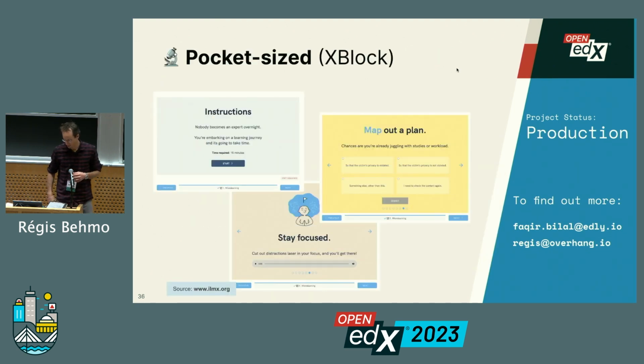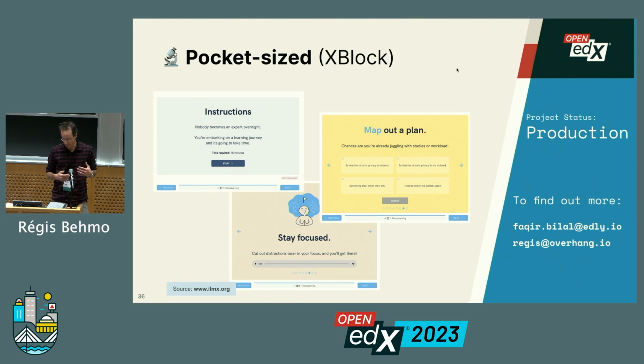The second thing that I would like to talk about from Edly is another XBlock, which is the pocket-sized XBlock. I like to call it a lighter SCORM alternative. It allows course instructors to add interactive content from the studio with a very user-friendly, very good user experience.